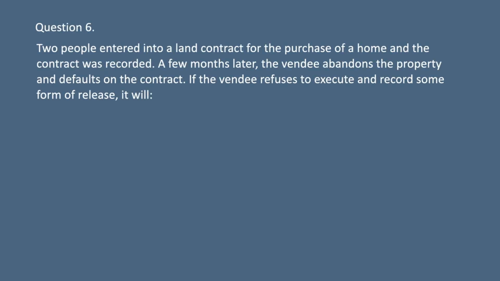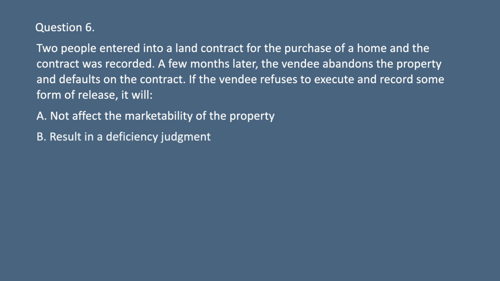Question 6. Two people entered into a land contract for the purchase of a home and the contract was recorded. A few months later, the vendee abandons the property and defaults on the contract. If the vendee refuses to execute and record some form of release, it will A. Not affect the marketability of the property. B. Result in a deficiency judgment.